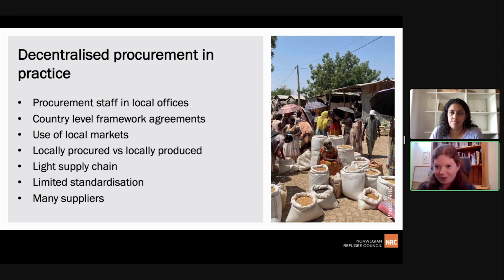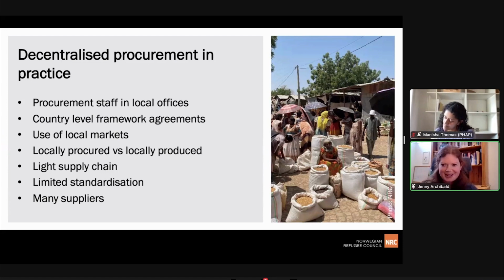It does provide some real challenges for monitoring the emissions from that supply chain, but we do have to be aware of where those goods are produced, as well as where they're procured.